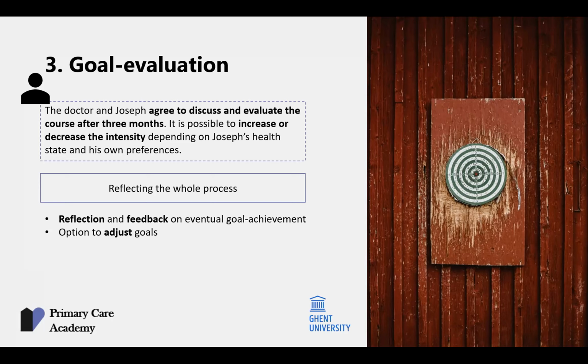And possible reasons to adjust goals might be that a goal has become too difficult to achieve or is no longer desired or relevant to a patient's situation, because the care situation of a patient and I think its wishes could change over time. So it's a fitting moment to reflect on the process.